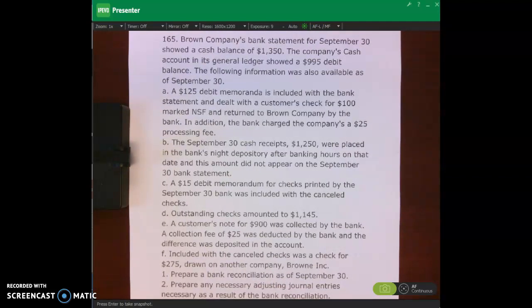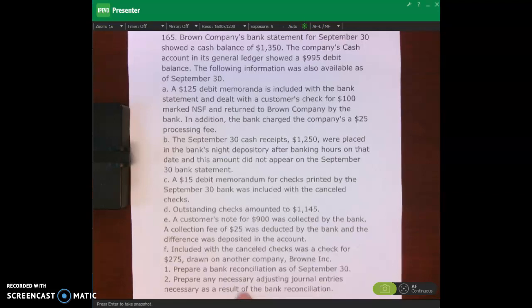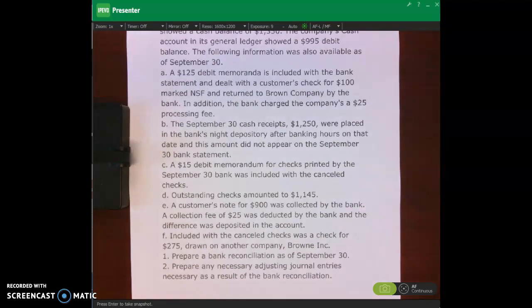B, the September 30th cash receipts, $1,250, were placed in the night depository after banking hours, okay, and did not appear on the bank statement. C, a $15 debit memorandum for checks printed by the bank was included with the canceled checks. D, outstanding checks amounted to $1,145.